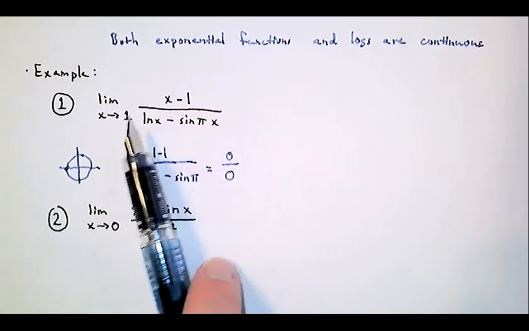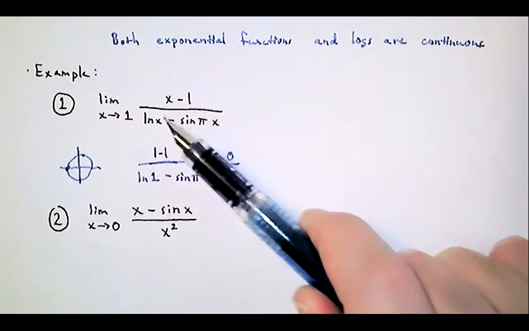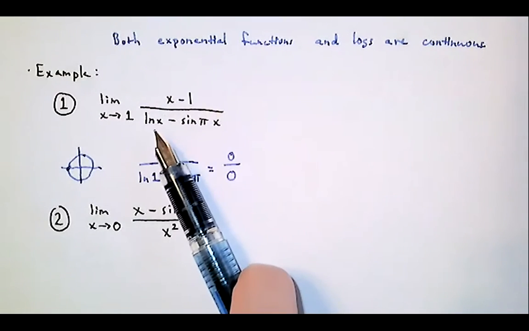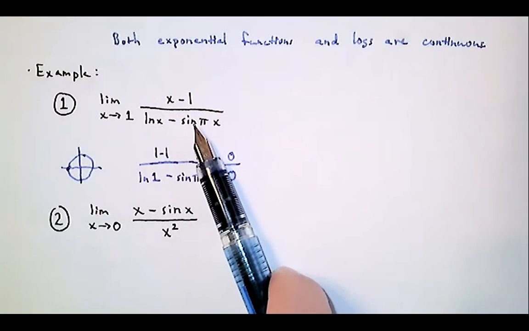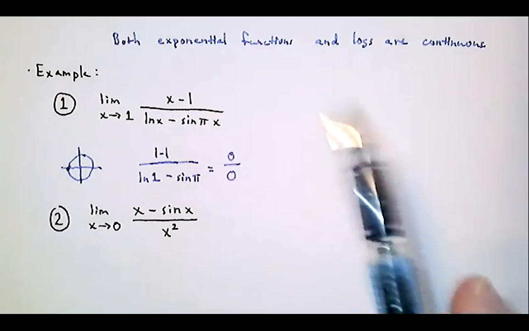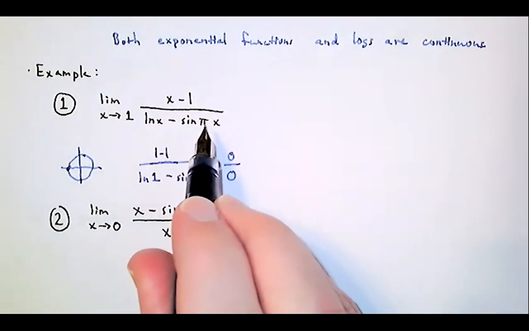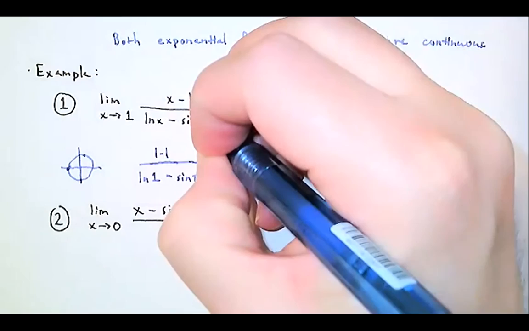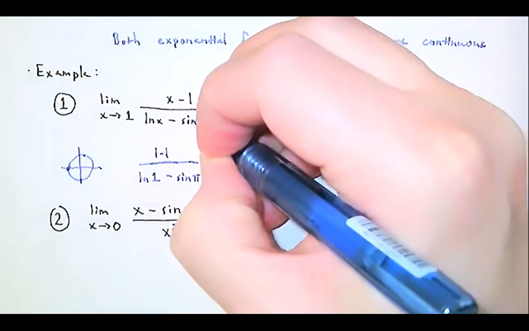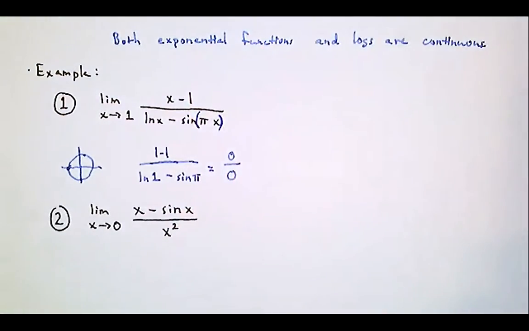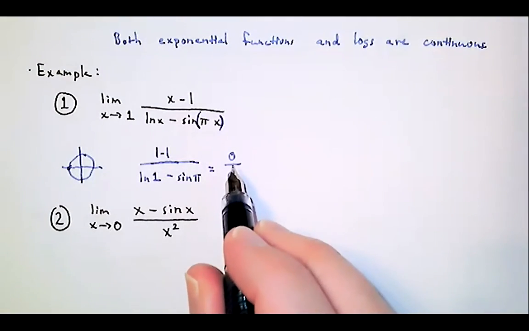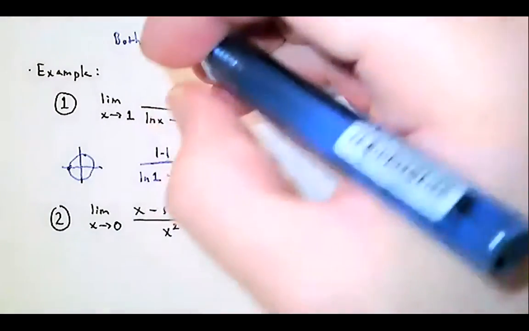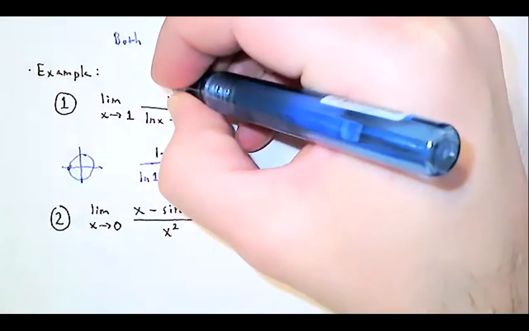No one wants to commit. But using the rules that we know, we talked about how to find the derivative of the natural log. And you know from calculus 1 how to take derivatives of sine. And this one just has an extra constant multiple inside the sine. We can add an extra set of parentheses to show that. But we do know how to find the derivatives, and we know this is a 0 over 0. So L'Hopital's rule applies.